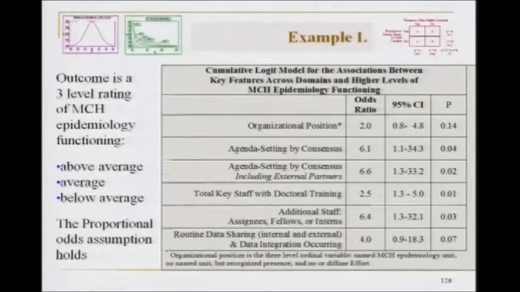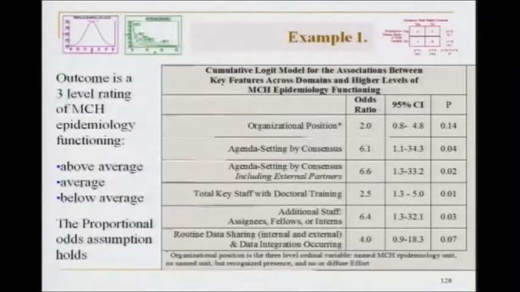And that it would be the same, because we're assuming proportional odds here, that 2.5 holds whether you look at above average versus combining average and below average, or if you combined above average with average versus below average. That on average, the more doctoral staff you have, the higher the odds that that state is going to be functioning at a higher level for MCH epidemiology.